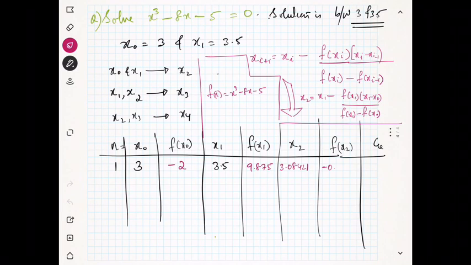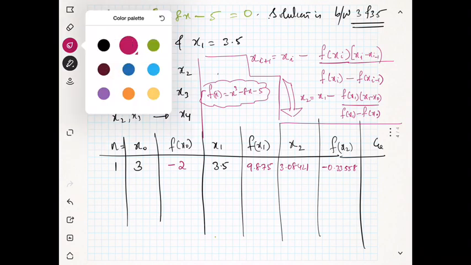Yes, f of x is equal to x cube minus 8x minus 5. Now f of x2 you will be getting as 0.33558. Okay, this error we will not find it now. Anyway, inshallah I will tell you how to find the error.